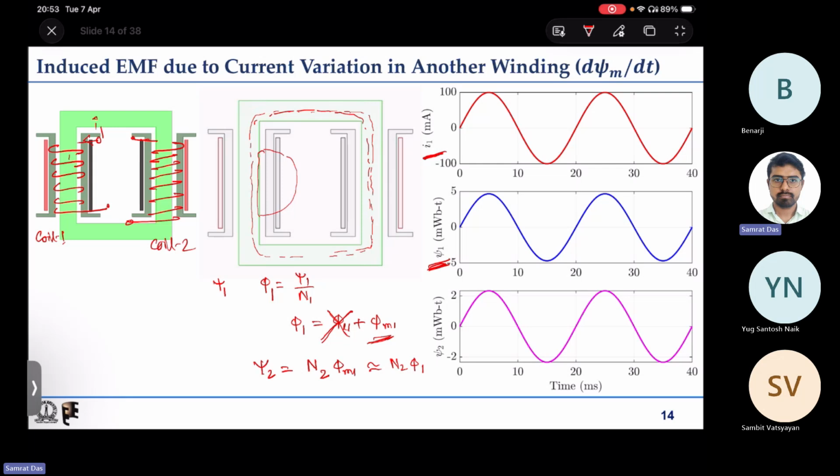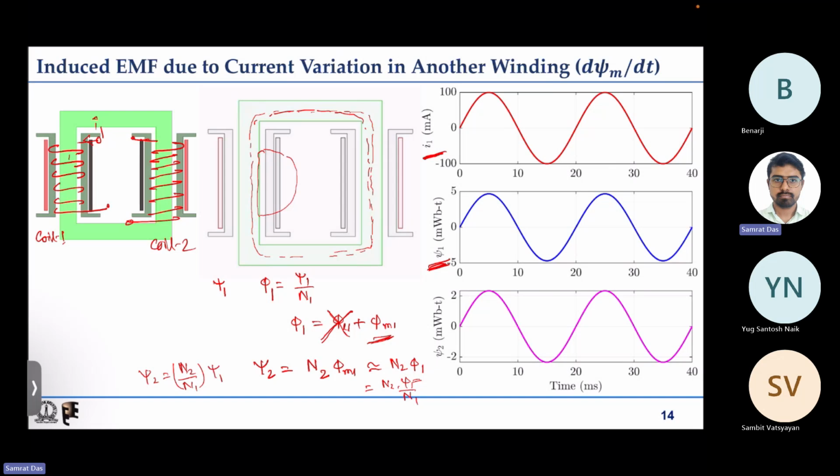And again, phi 1 is nothing but psi 1 by N, so N2 psi 1 by N. So you can see that psi 2 is nothing but the turns ratio multiplied by the flux linkage of the first coil.